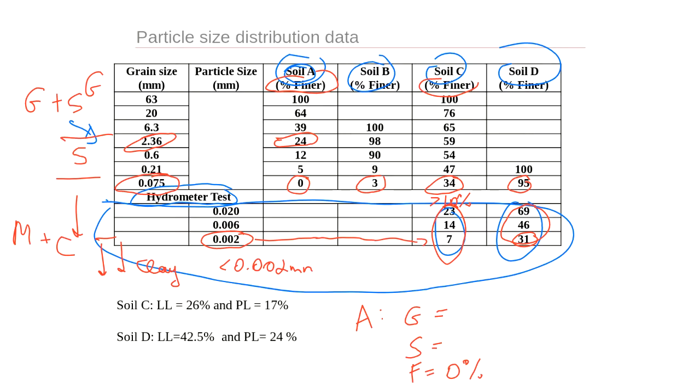So which means that 76% was greater than 2.36. So that 76% is greater, and we know that everything greater than 2.36 is gravel.